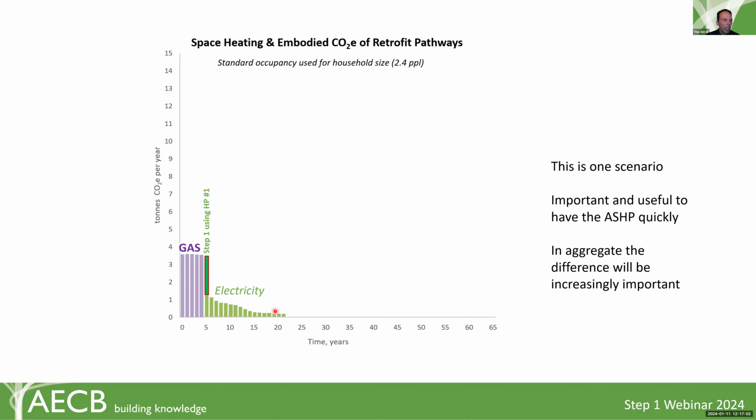Then at say 17 years or something, you would have the embodied CO2 of the full retrofit. That's what we've just been talking about. And then the CO2 factor of the electricity is reduced even further, but it's smaller anyway because you don't need so much. And you have some further little steps here.